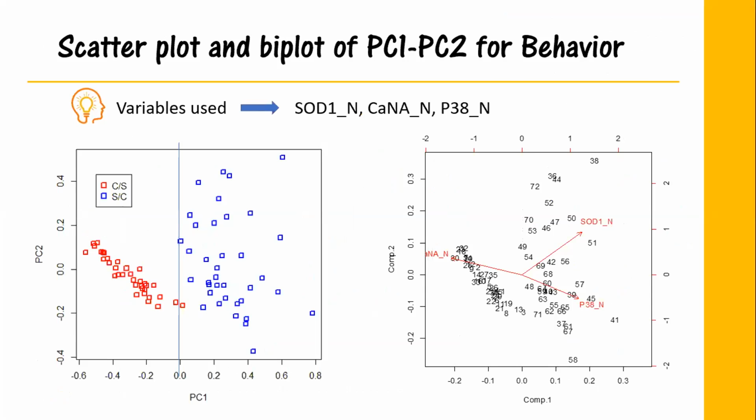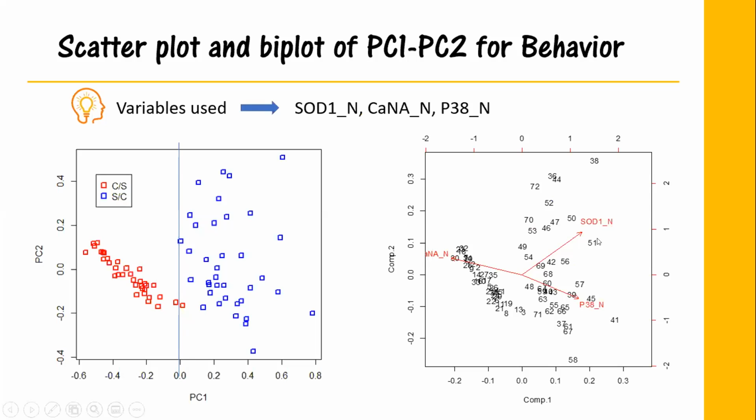The variables used are SOD1N, CA1, and P38N. From PC1, data with a value lower than 0 will be categorized as contact shock, and data with a value more than 0 will be categorized as shock contact.